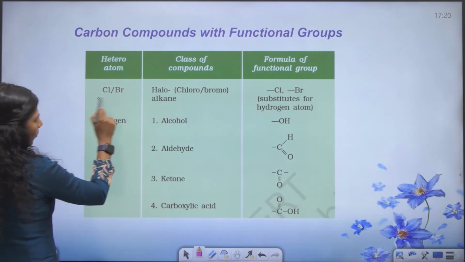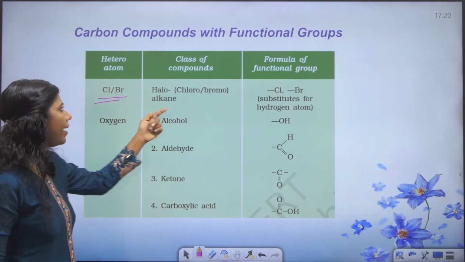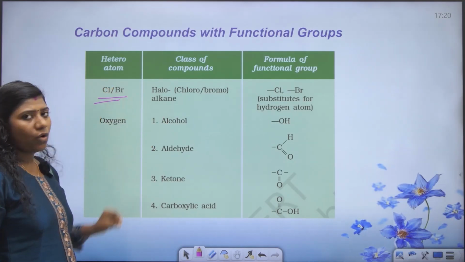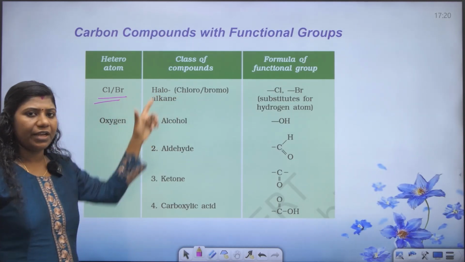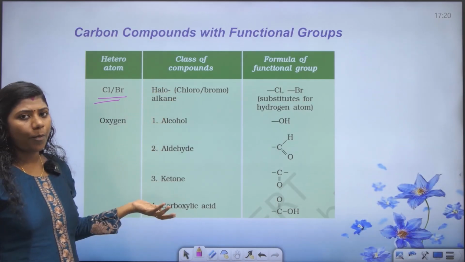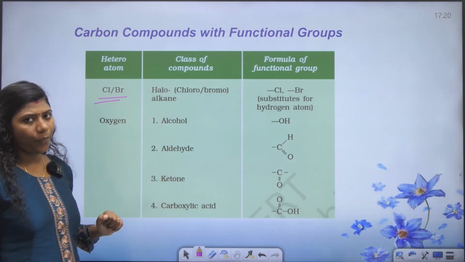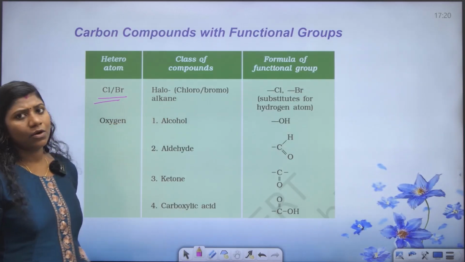Some common functional groups: chlorine or bromine, halo compounds. Chlorine or bromine attached to an alkane are known as haloalkanes. Suppose chlorine is attached to methane, the molecule is chloromethane. Chlorine attached to propane, the molecule is chloropropane. Chlorine attached to nonane, chlorononane.